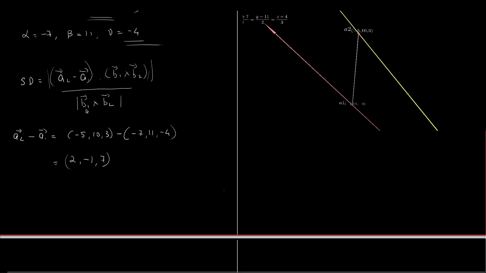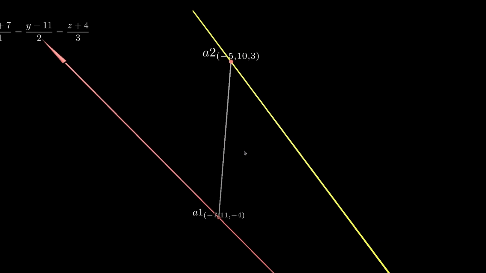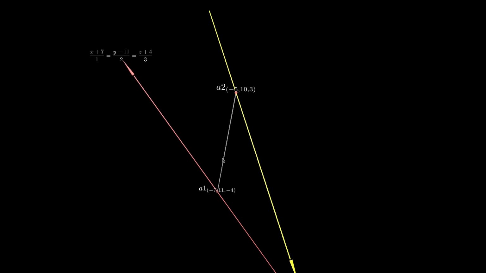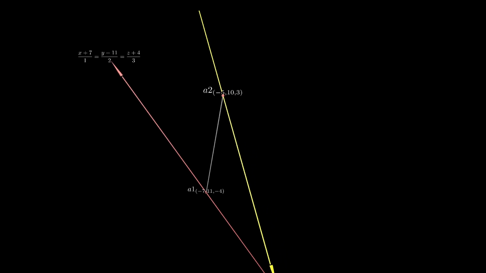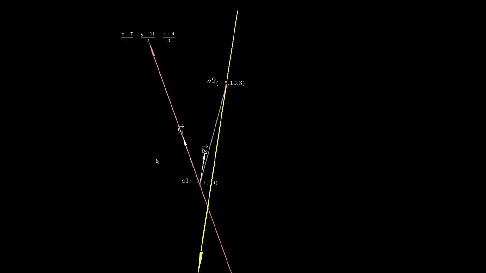Now we need to find B1 cross B2. I have already explained that B1 and B2 are the corresponding direction ratios of the two lines. So we will add some vectors signifying those direction ratios here. The B1 vector will be along the direction of the first line.